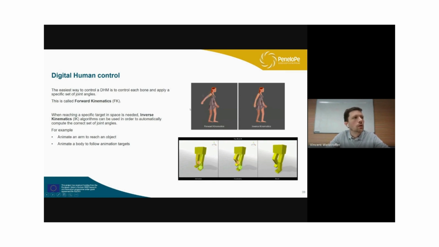These pictures show you an example of inverse kinematics, either for an arm reaching a target in space, or at the bottom, two targets representing the feet position. And at the end, an inverse kinematics algorithm would be used to actually move the legs so that they follow this target in space.